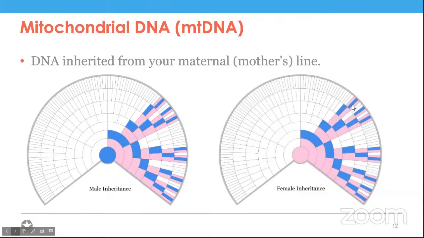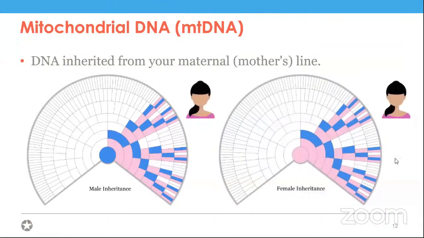But everything here, all these generations back, these are the DNA that is going to be passed down and eventually show up here in the original tester. So if you match with someone on that mitochondrial DNA line, it's going to be with one of these ancestors, the ones that are colored in.